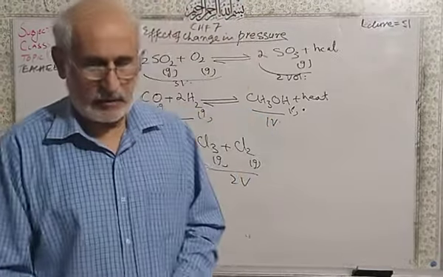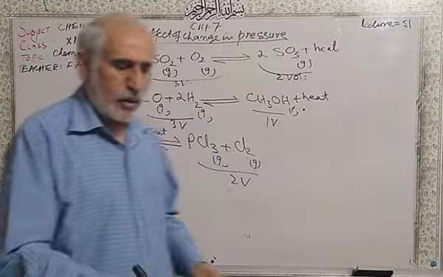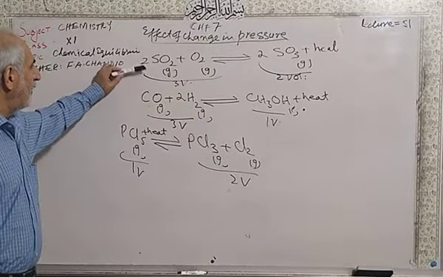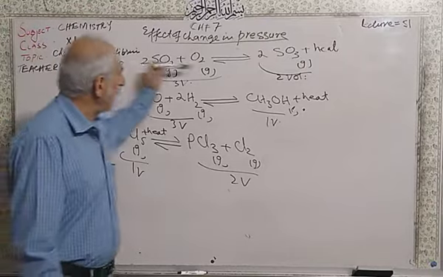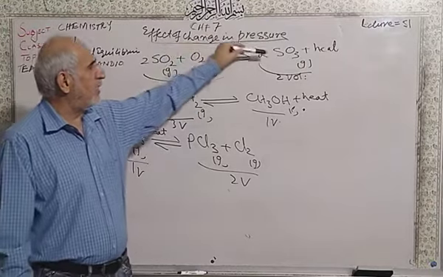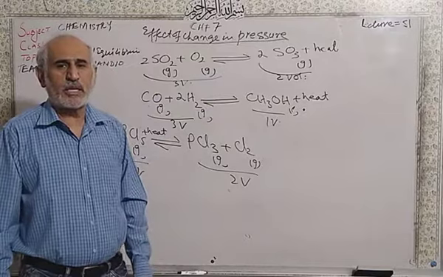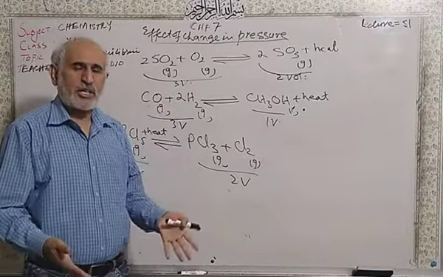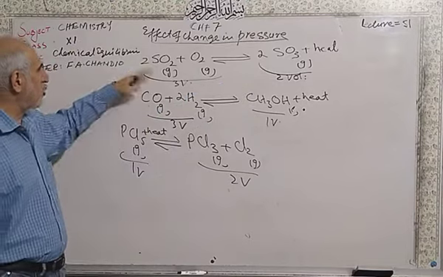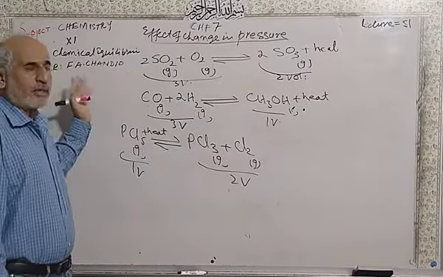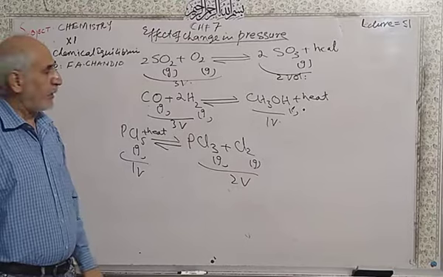This is very clear. Again, I am telling you, the pressure will affect only when the number of moles are different, and if you increase the pressure, the system will move to where the number of moles are going to be decreased. If you decrease the pressure on this system, the system must move towards the endothermic process here, towards the reverse side, towards the reactant side, because more moles are here.